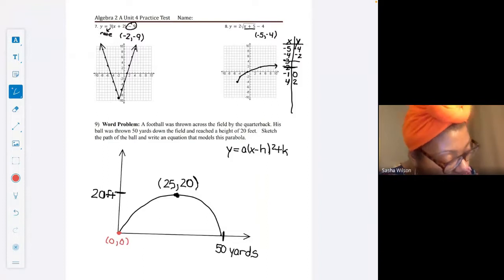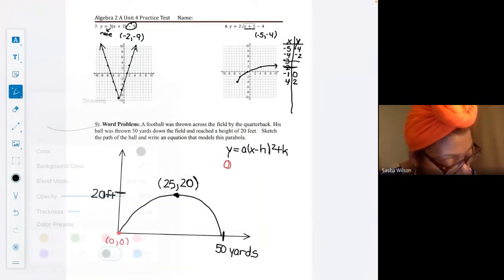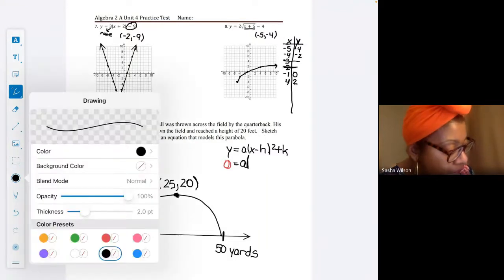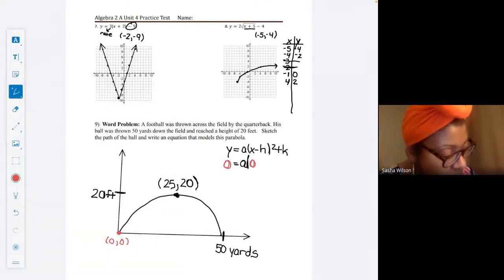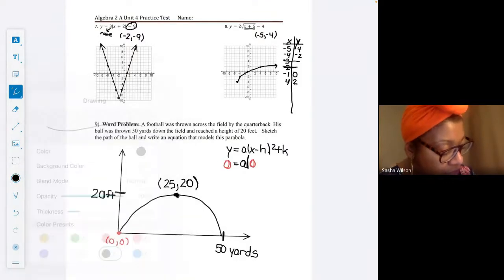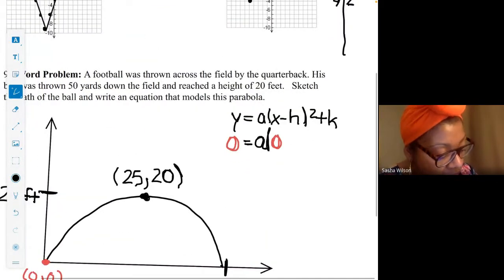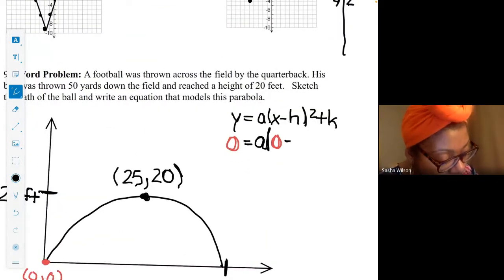So I'm going to replace y with 0. Then equals a, parentheses. My x value I'm also going to plug in is 0. And then that vertex that we just got, so minus, so again, this is h and k, just so you're not confused.